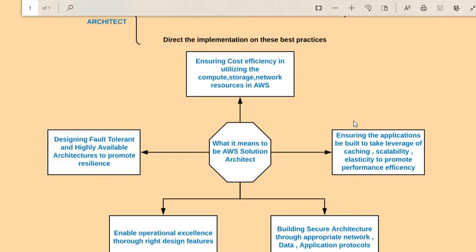Then building secure architecture. Security is vital for your application to work correctly. So you need to protect your application from different kinds of attacks when your application is getting accessed over a network.